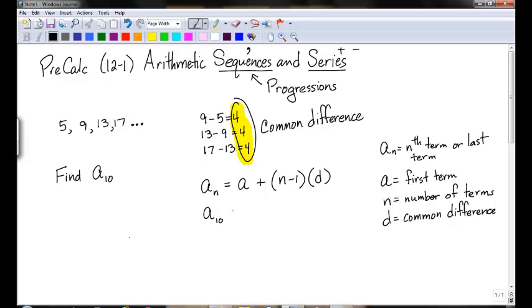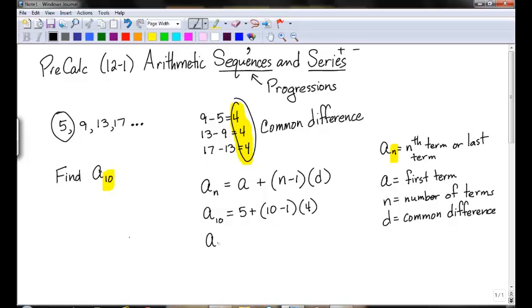So a sub 10 equals, a, the first term, is 5. Now the n, you actually get this by looking at this. It's a sub n, so our n is 10. And the common difference we said was 4. Then it's a matter of order of operations.